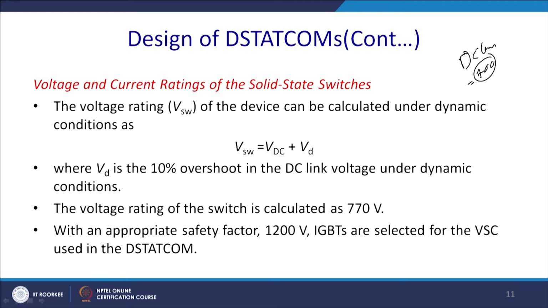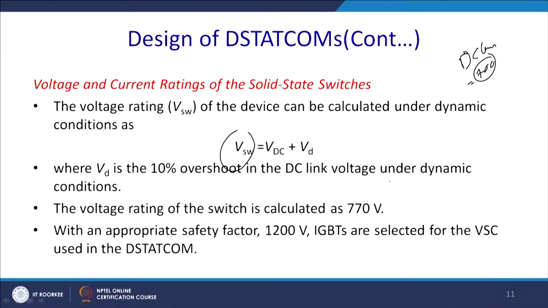So, the voltage rating of the device can be calculated in dynamic condition. So, what is it? VSW will be equal to VDC plus VD, where VD is basically 10% overshoot of the DC link voltage under dynamic condition, and thus the voltage rating of this IGBT should be around 770 volt, but practically speaking you get an IGBT of the voltage level of around 1200 volt.